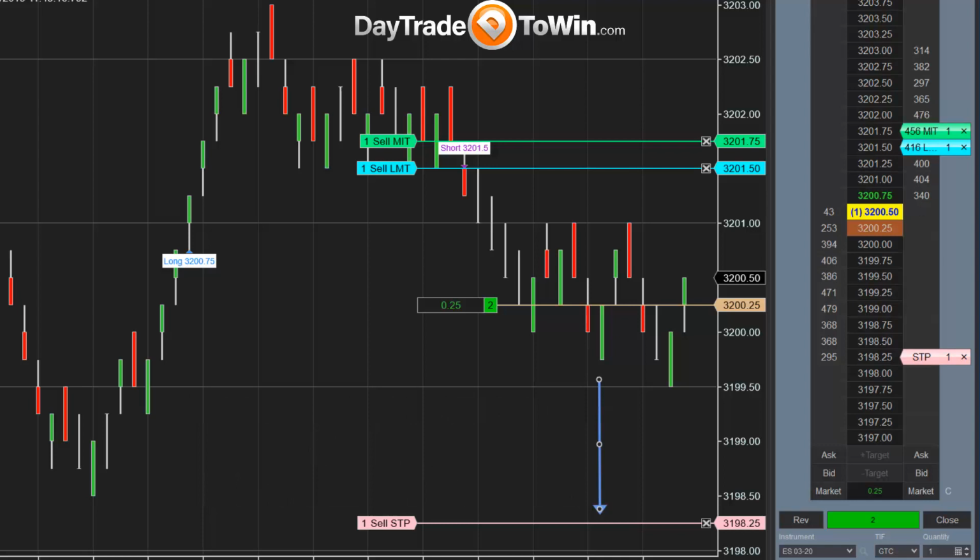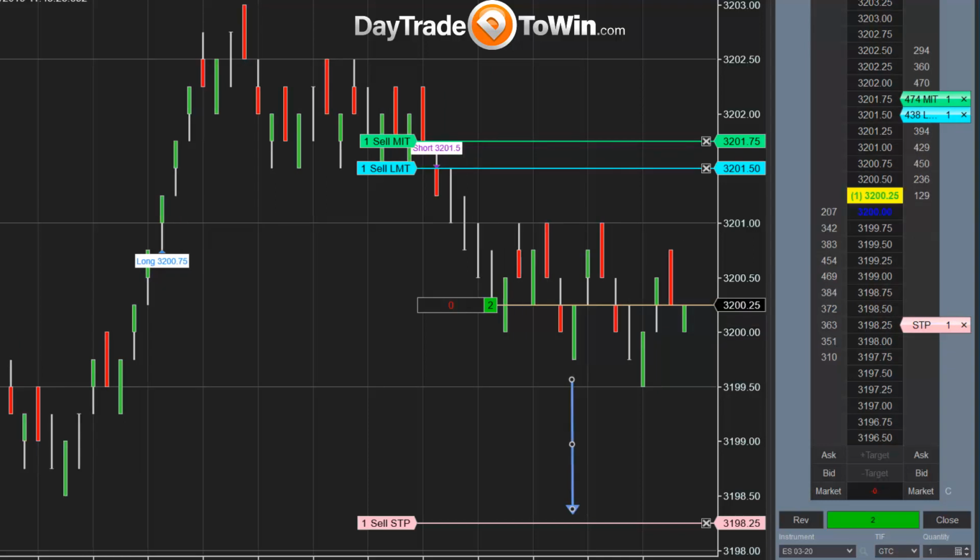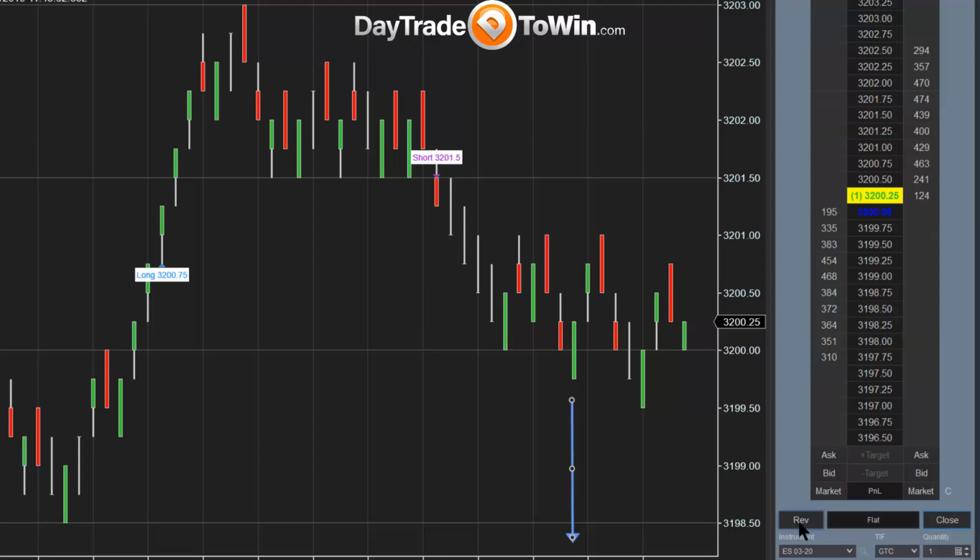Stop with a limit is not really used quite that often, because once you want to get out of a trade because it's losing money or you want to get into a trade, you usually use a stop order. A market if touched order is also good to enter, especially with scalping and exiting. It's very important when exiting the market, because as soon as you realize that your profit has been made, you want to get out of there and you want to take your profit and run.